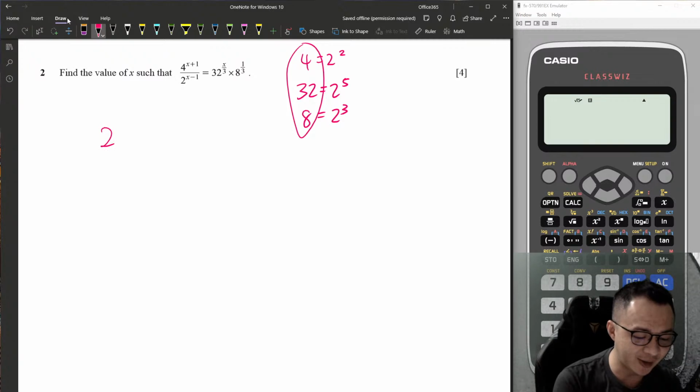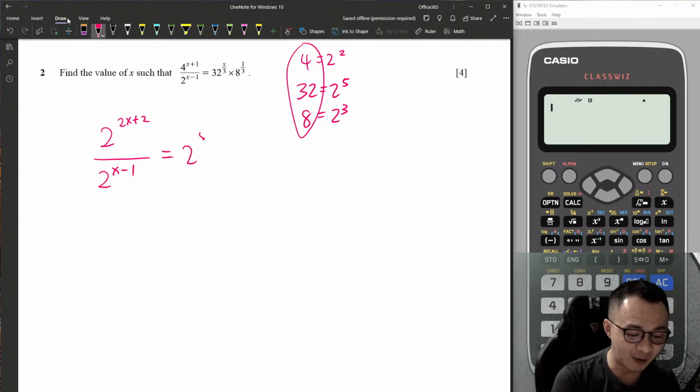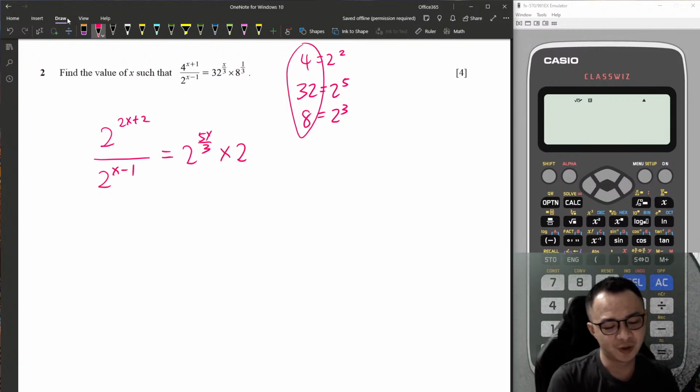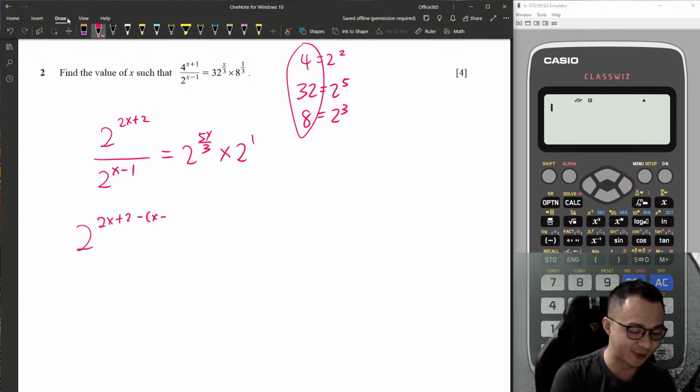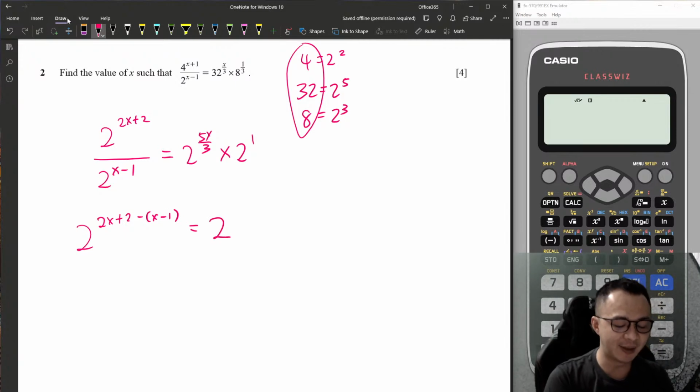4 is 2 squared, multiplied into the power of (2x plus 2) over (2x minus 1). This one is 2 to the power of 5, multiplied into the power of x over 3. Multiplied by this, which is 2 to the power of 3, and 3 multiplied by 1 over 3 is 1. Divide basically means minus for the power, so it's 2x plus 2 minus (x minus 1). Multiply means plus for the power.